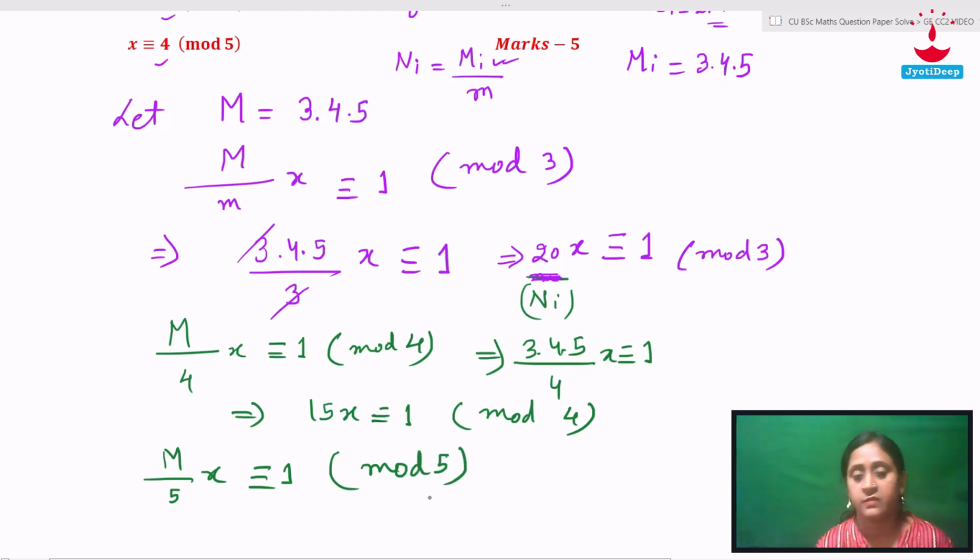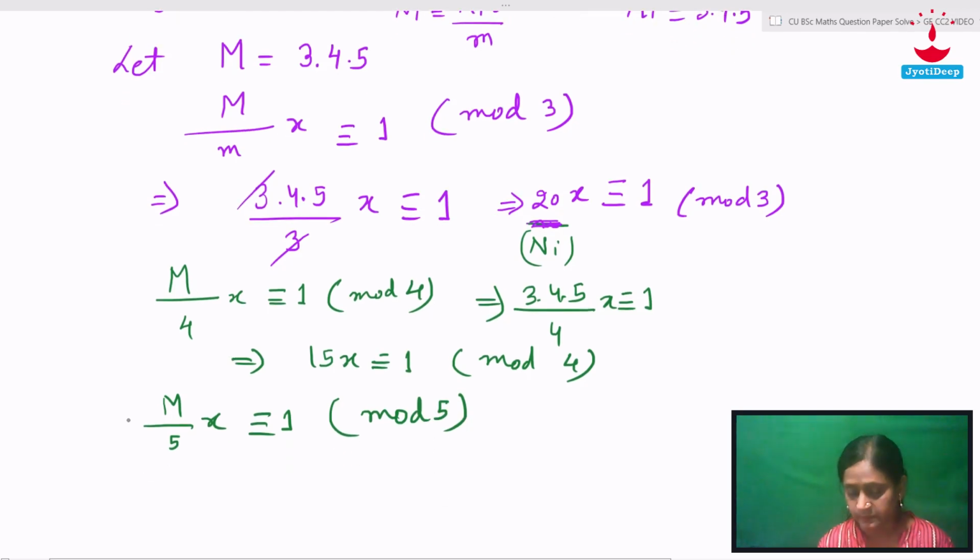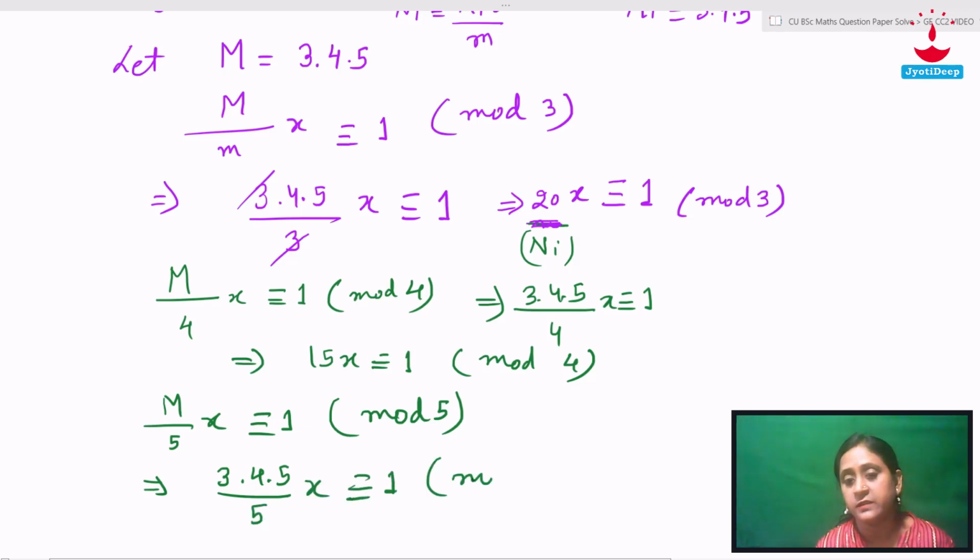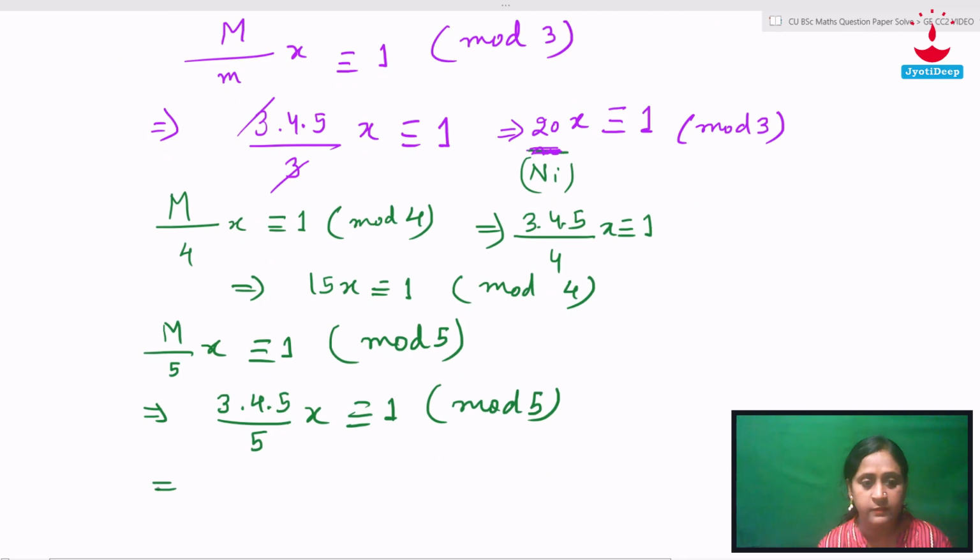So it will become 3 into 4 into 5 divided by 5 into x is congruent to 1 under mod 5. So this implies 12x is congruent to 1 under mod 5.